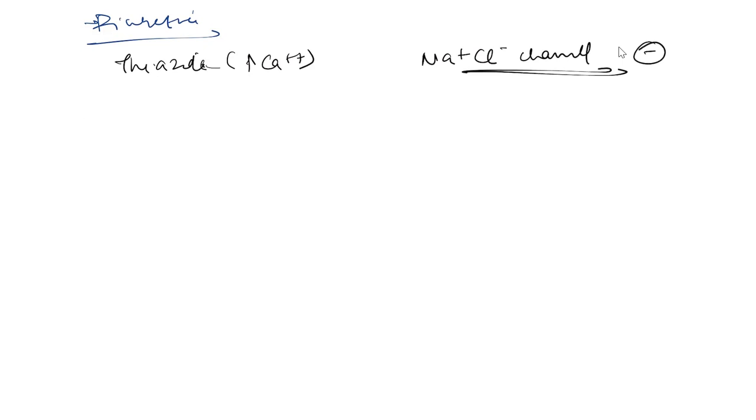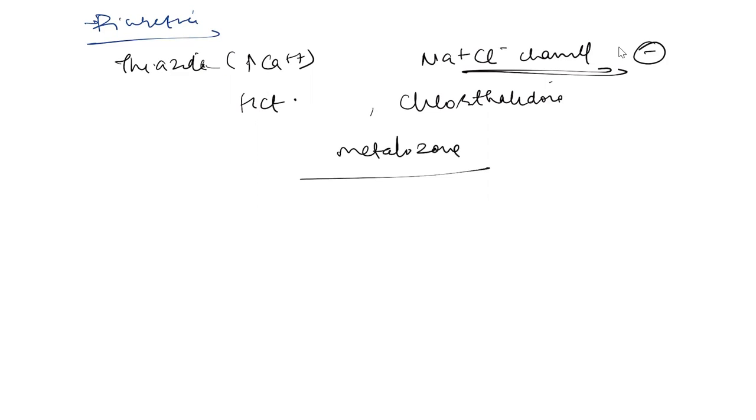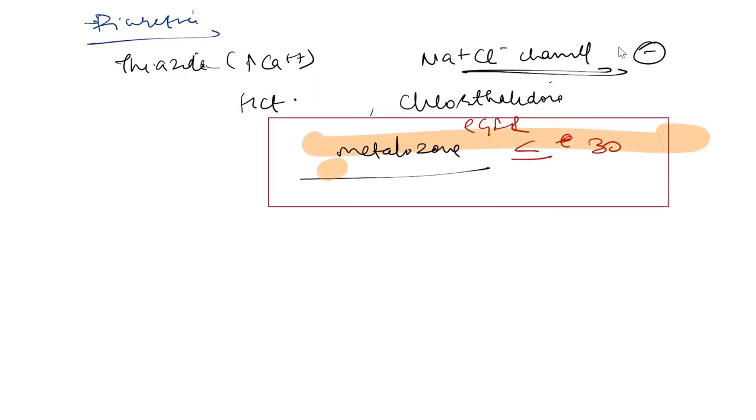The examples are hydrochlorothiazide, chlorthalidone, and metolazone. Out of these, only metolazone can be given in eGFR less than 30. And this is a very important MCQ question.